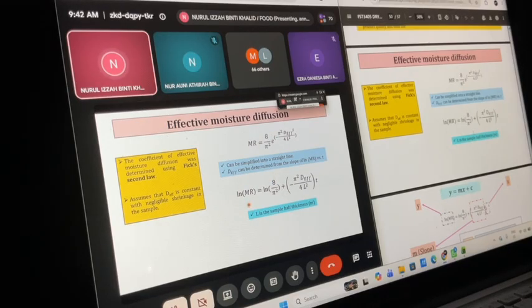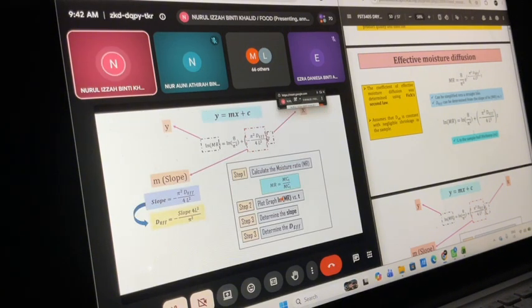So y here is ln MR, and your x is your t, and your slope is this unit in the bracket here, and your y-intercept is this one. So for example, here the slope is equal to negative pi squared times the diffusivity divided by 4L squared.